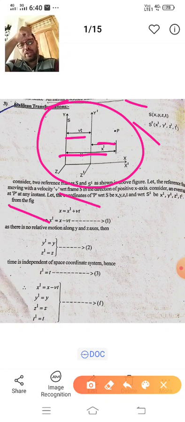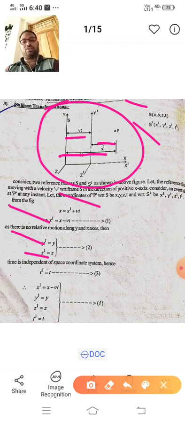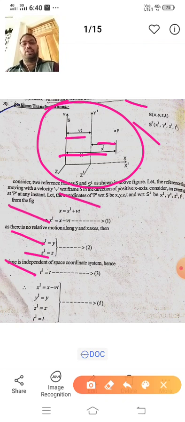But there is no relative motion along the y and z directions. That's why we can write y dash equals y and z dash equals z. Also, time is independent of the space coordinate system, hence t dash equals t.